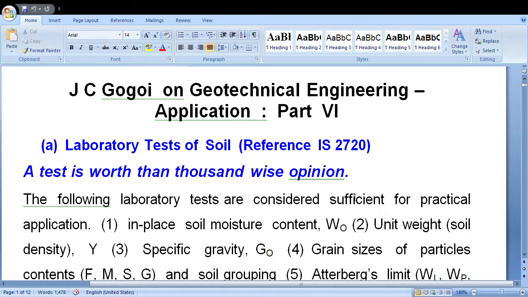Normally in our geotechnical engineering works, some important laboratory tests are useful for practical application.